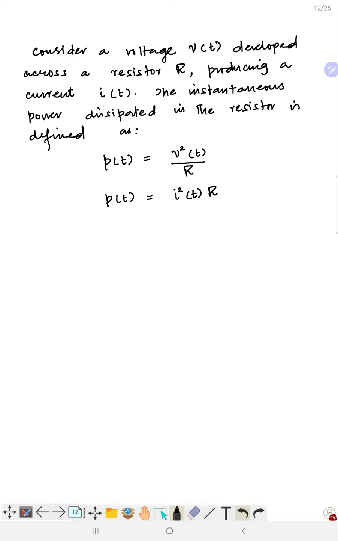But if I assume that the resistance has a unit value, means it is 1 ohm resistance, then in both the cases the instantaneous power dissipated will be v squared t or i squared t. So it will be directly related to the square of the instantaneous voltage or current.